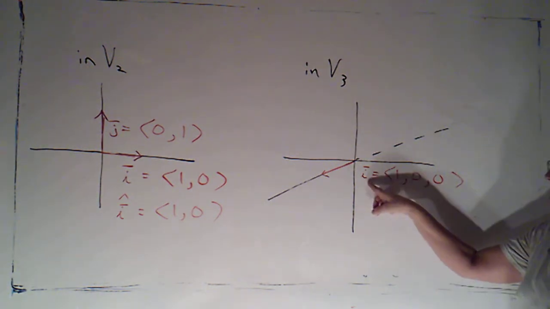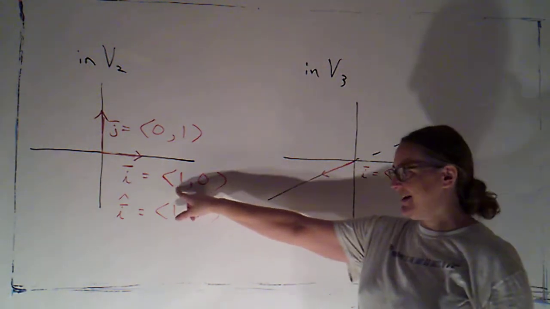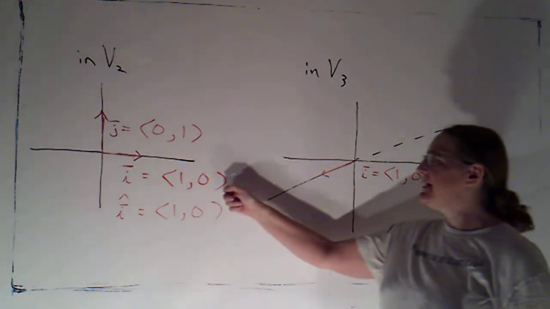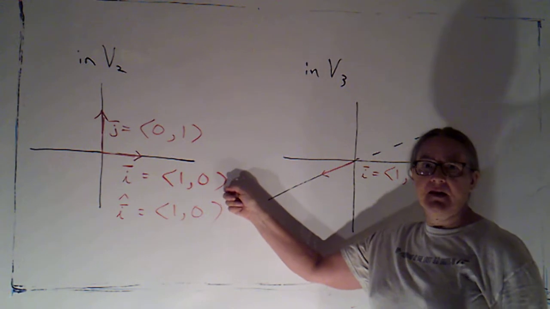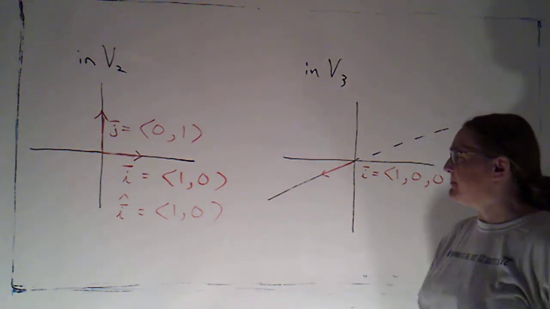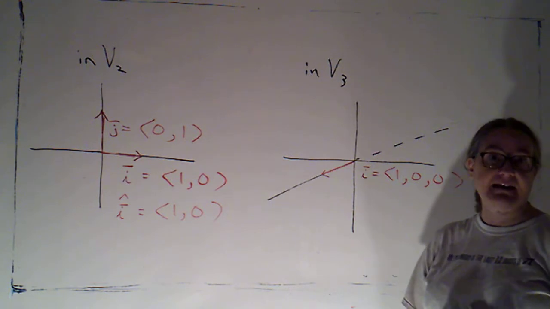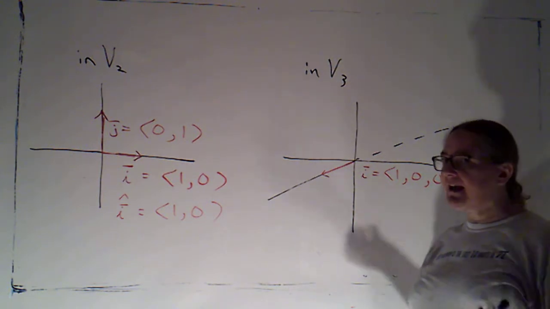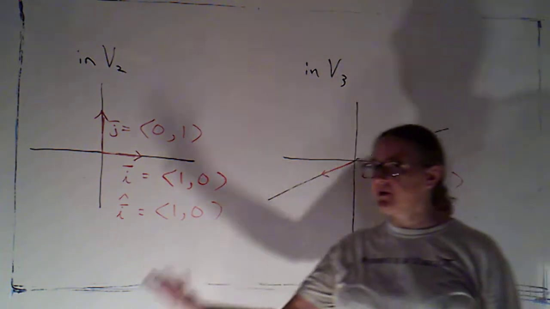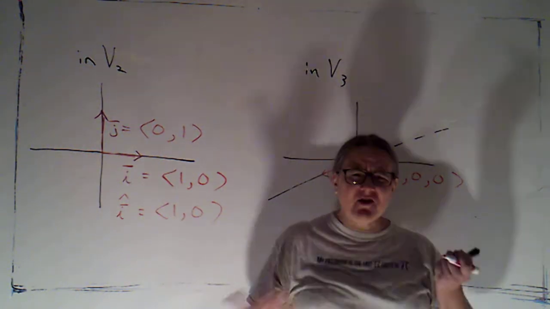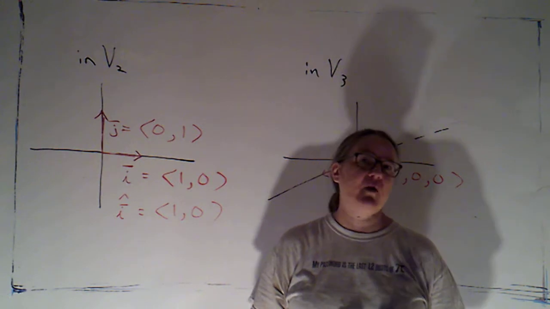This i is not the same as this i. This vector has 3 components, this vector has 2. You might say, well, why do we use the same name for them? Well, they're both the unit vector that points in the direction of the positive x-axis. For any given problem, we're either going to be in 2 space or in 3 space, and it's going to be clear from the context what we mean.